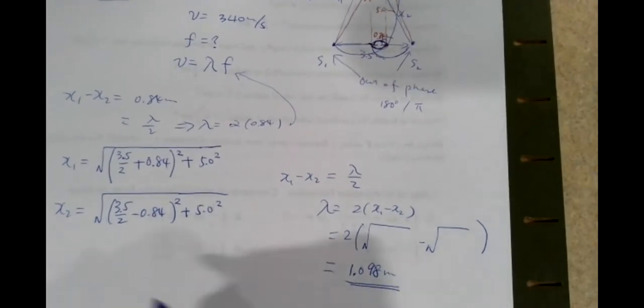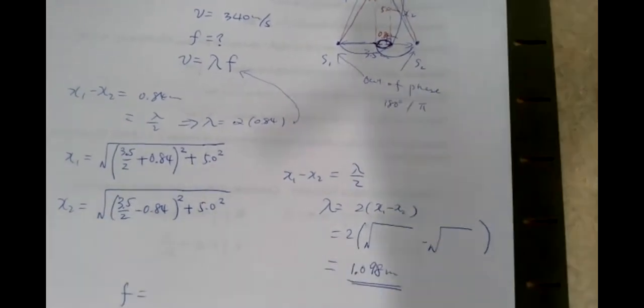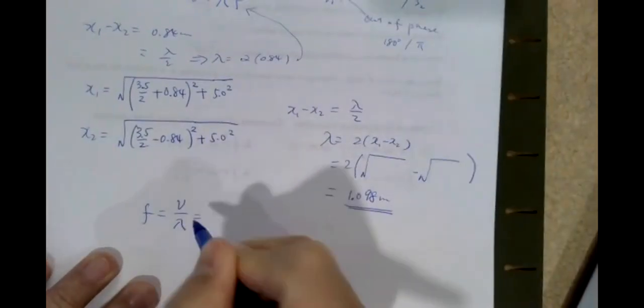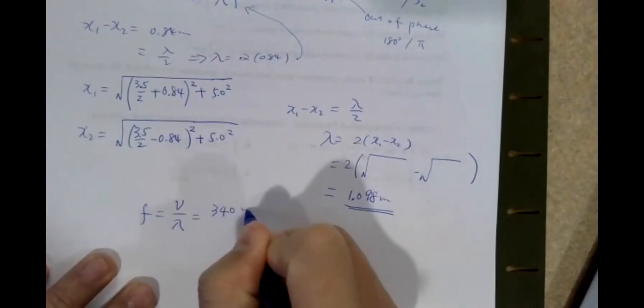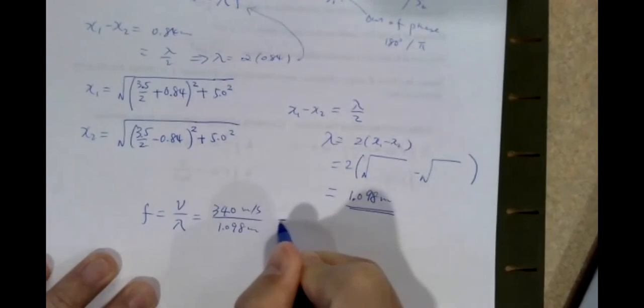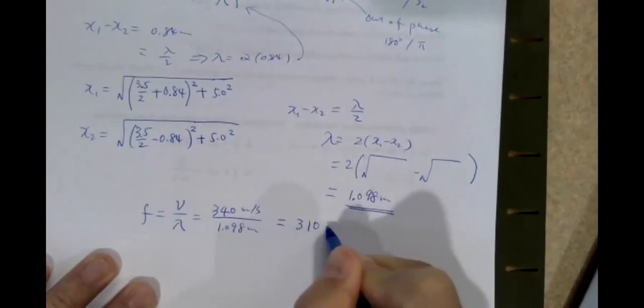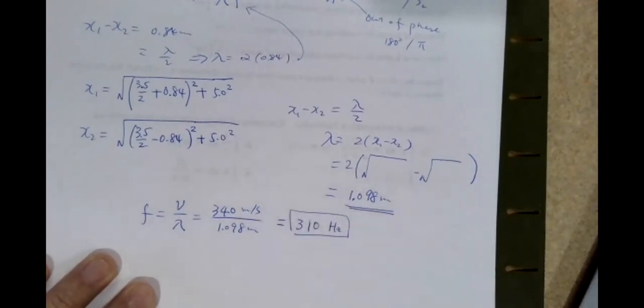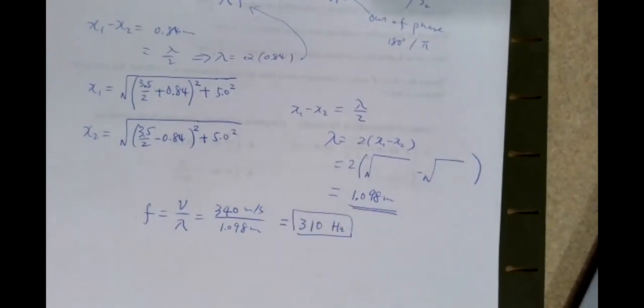Once you have your lambda, the frequency will be equal to the speed divided by lambda. Speed is 340 meters per second divided by 1.098 meters. That gives you roughly 310 hertz as your frequency.